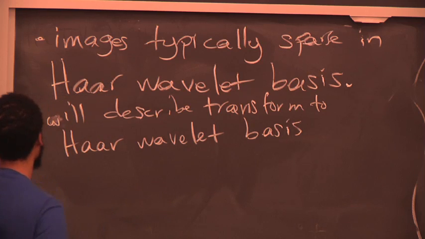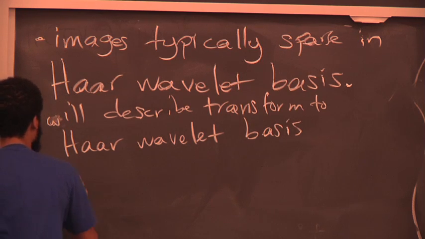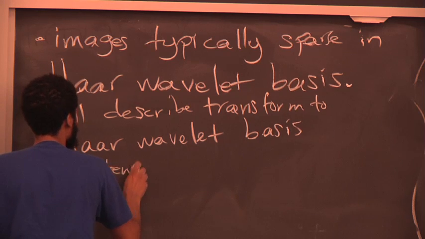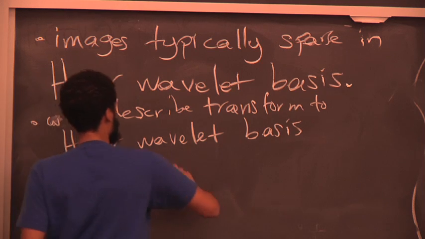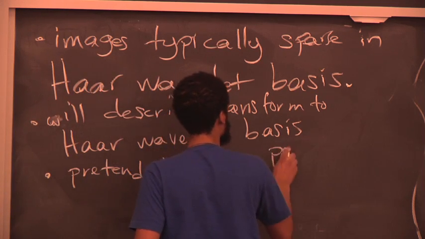The basic idea is, just because this makes things easier, let me say the image is actually n by n, an n squared dimensional vector. So pretend n is a power of 2.